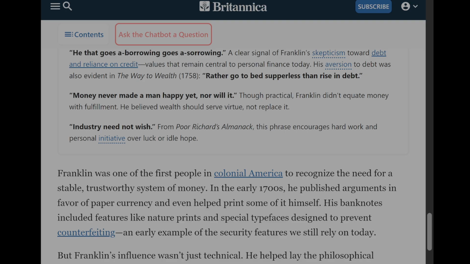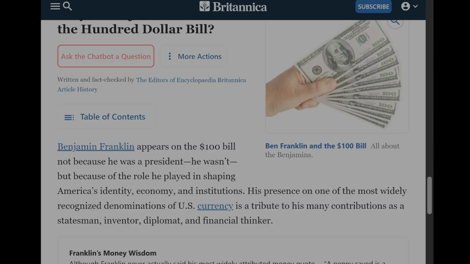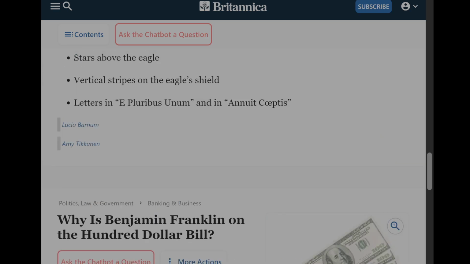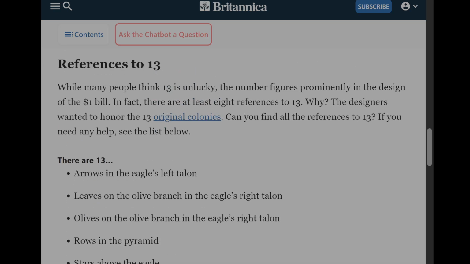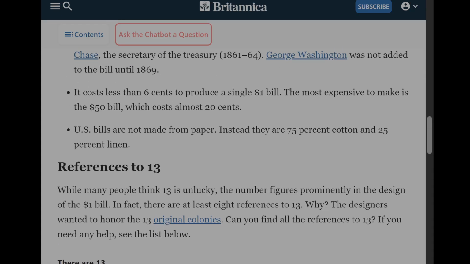And let's see what else there is as I scroll back up. Remember that? It says, wow, many people think 13 is unlucky. Well, it depends.